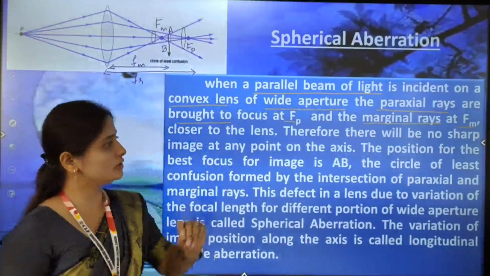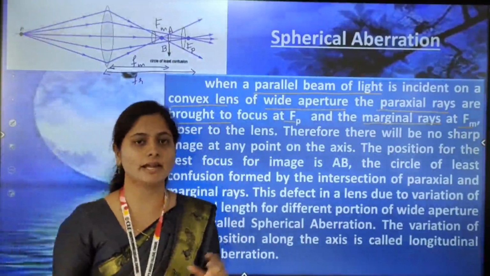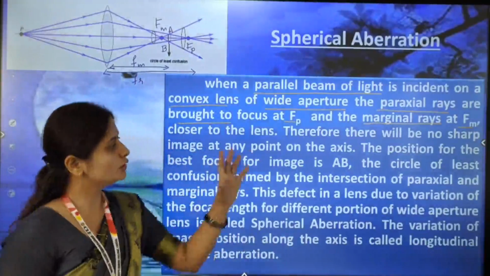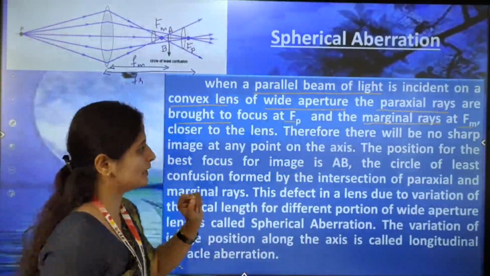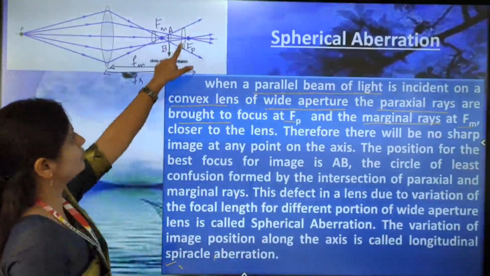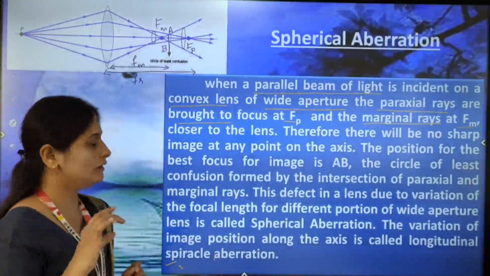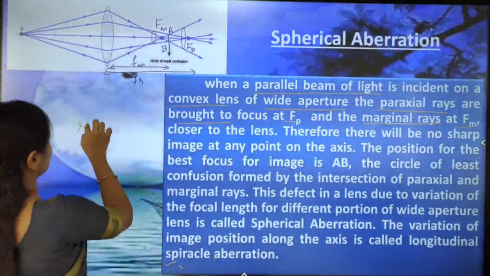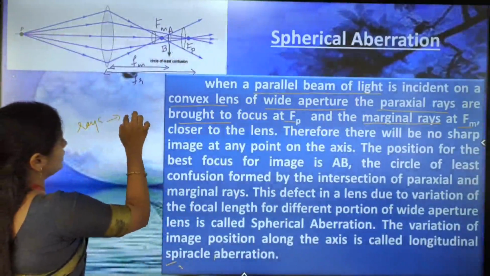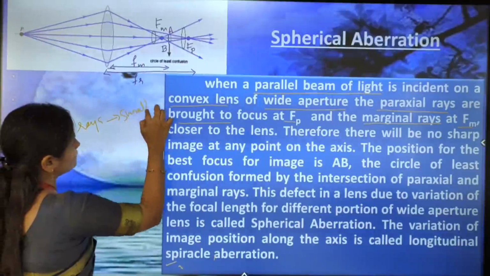First of all we must know what paraxial rays and marginal rays are. Paraxial rays, FP, are rays making a small angle.